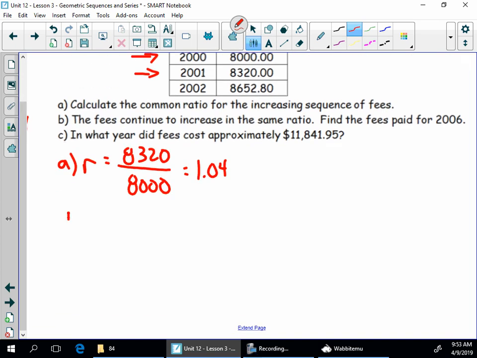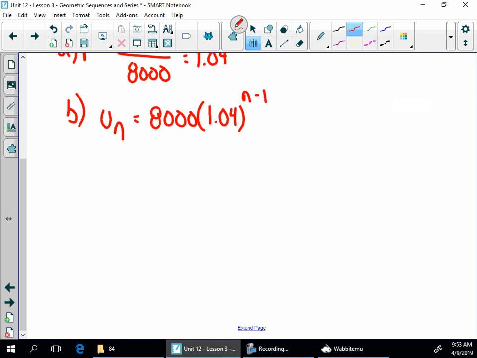All right, so Un equals U1, that's 8,000, times my R, 1.04, to the n minus 1. So I want to find 2006. The only trick here is to think about what U number that is, because it's not U6. It's actually U7.